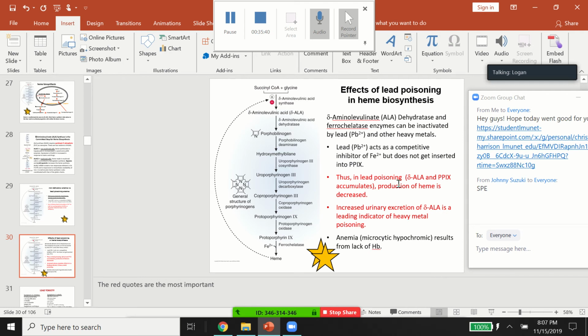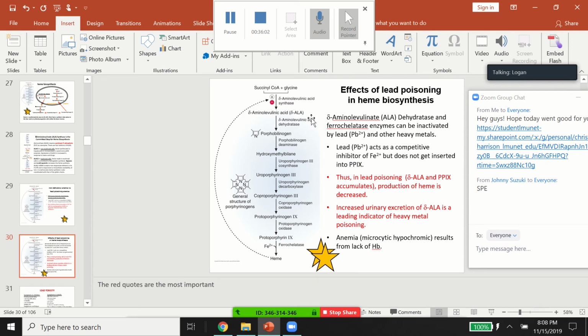But anyway, in lead poisoning, the production of heme is already decreased. And what you notice here is that you would get accumulation of the things before those enzymes. Notice ALA dehydratase converts ALA to porphobilinogen.